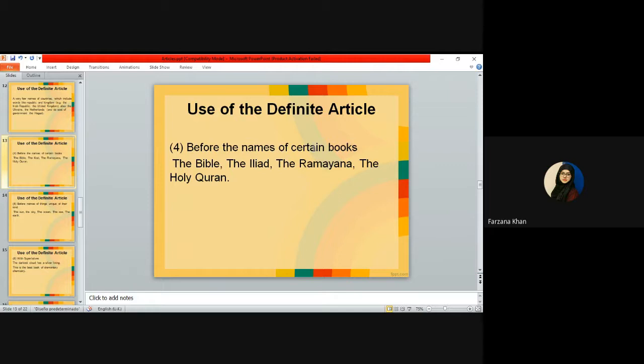As you learned in the rules of capitalization, the first letter of all religious books will be capitalized. So all religious and all important books are required to have the definite article placed first. So the Bible, the Holy Quran, you cannot simply write Bible. Whenever you speak or write according to the rules of the English language, you will say the Bible, the Holy Quran. So the definite article is used before the names of certain books.